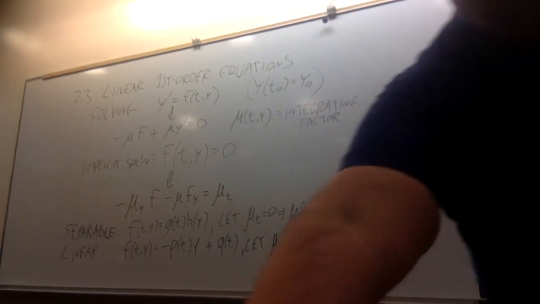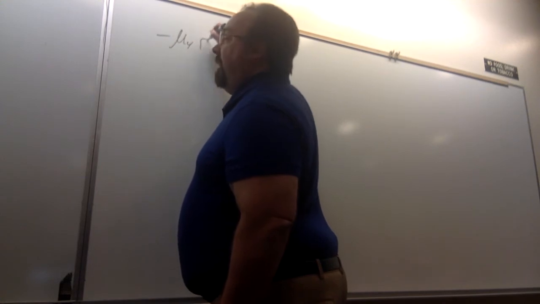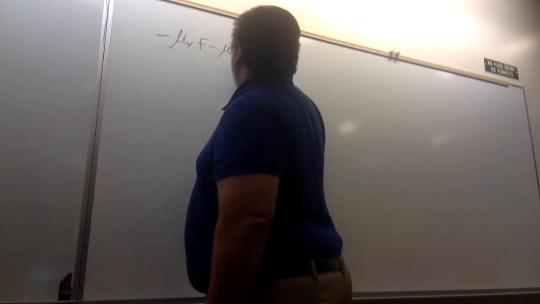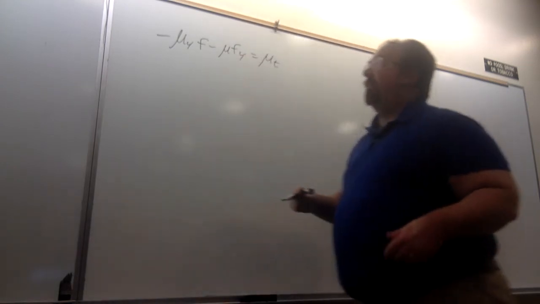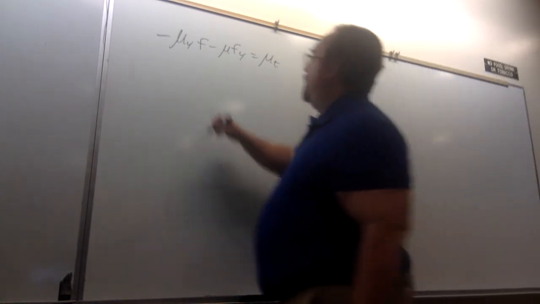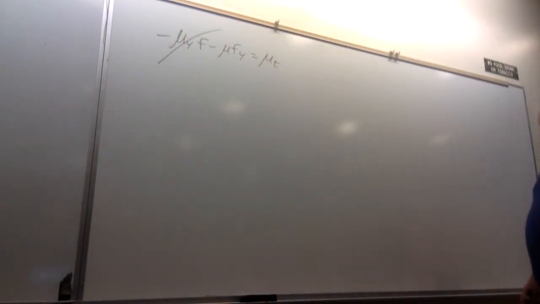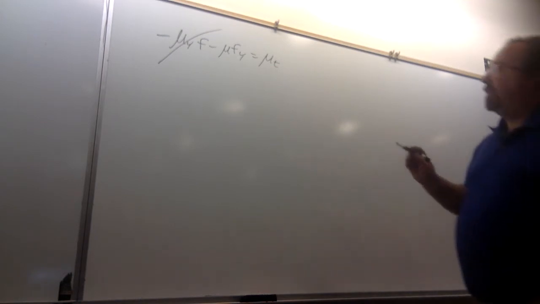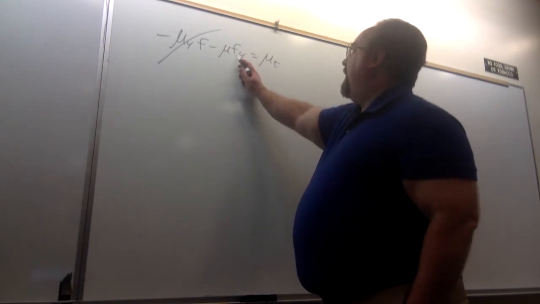So if I repeat that, mu_y f minus mu f_y is equal to d mu dt. So I just said that d mu dy is 0. So that term is gone. Now I can also specify what f_y is.